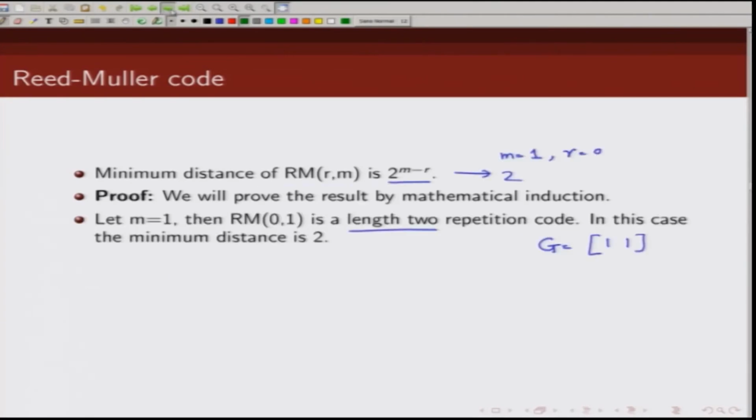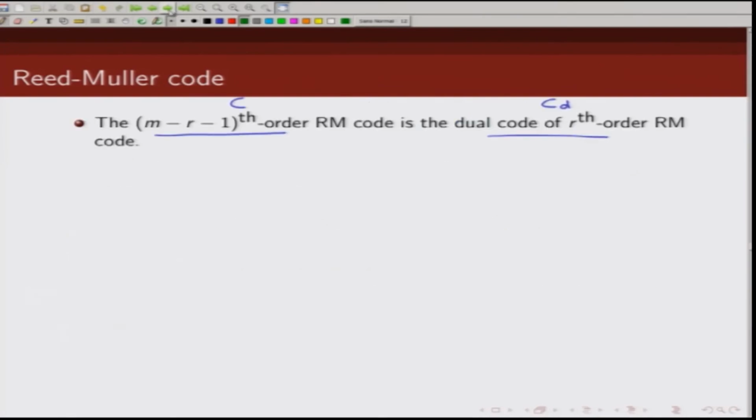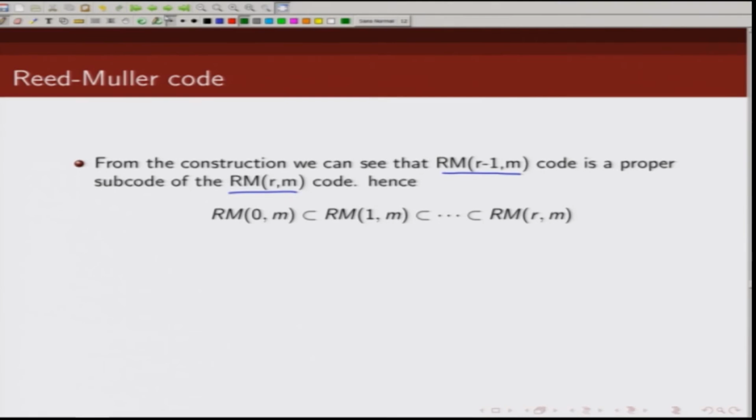So, from the construction you can see that a smaller order Reed-Muller code is essentially a proper subcode of a larger order Reed-Muller code. So, this relation holds, and this can be easily seen from the construction of Reed-Muller code.